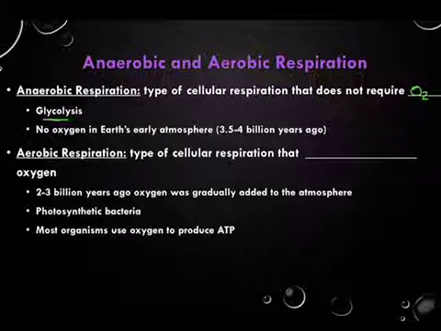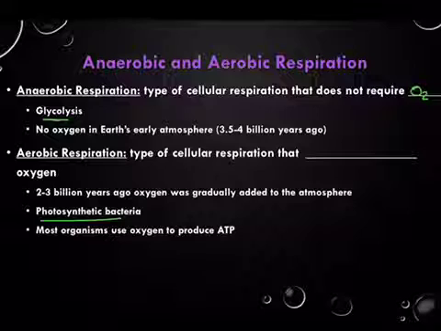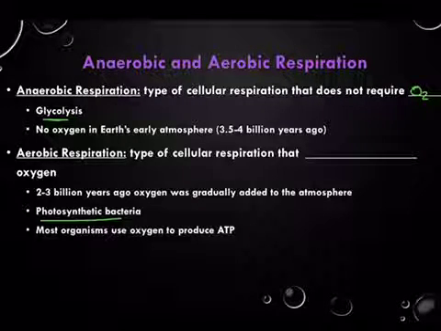And so back in Earth's early atmosphere, about 3.5 to 4 billion years ago, Earth's atmosphere did not have any oxygen in it. And so glycolysis was a process that could happen back then as a form of making energy for early organisms. Eventually, 2 to 3 billion years ago, oxygen gradually got added to the atmosphere by photosynthetic bacteria, and so aerobic respiration began to develop.